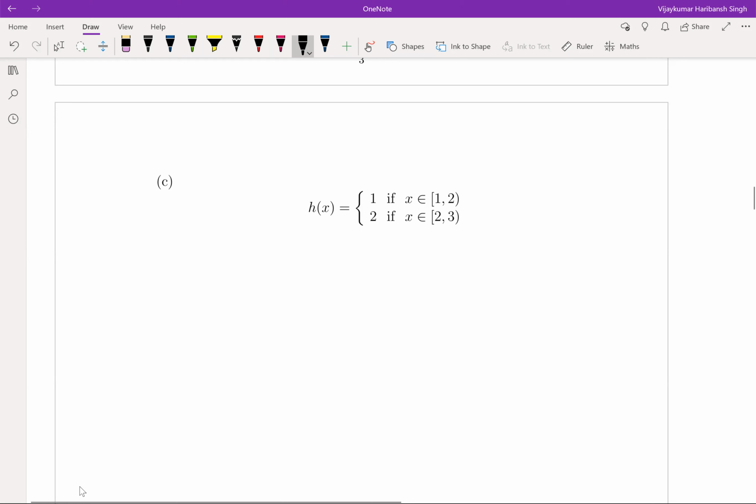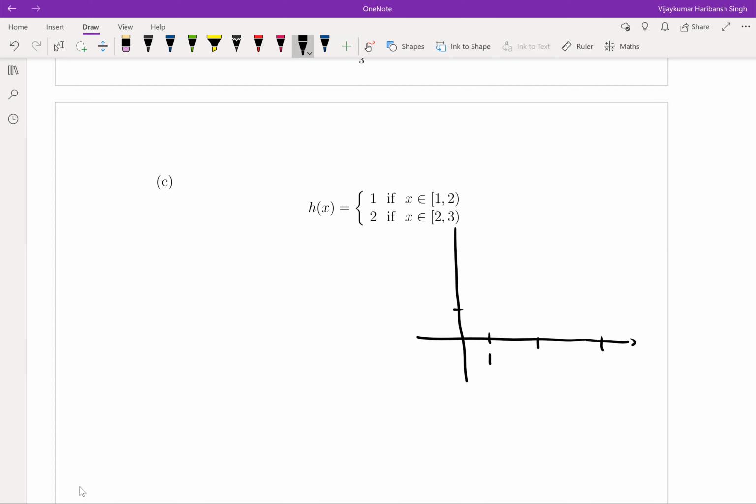So we have from 1 to 2, and then from 2 to 3. So from 1 to 2, it is defined by the constant 1.